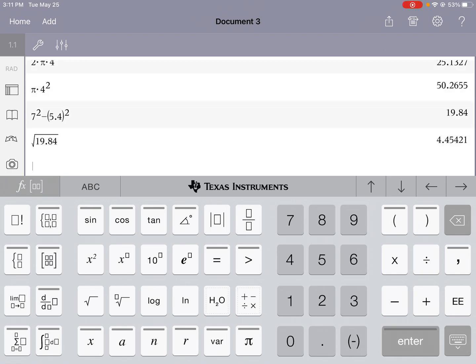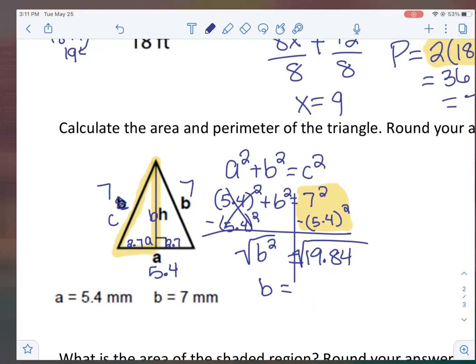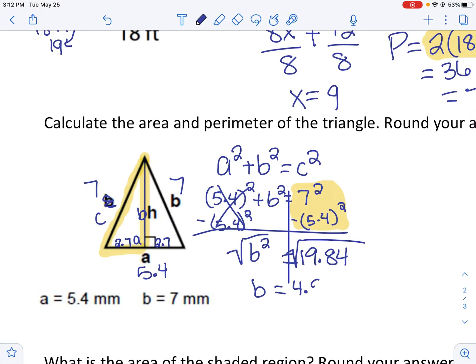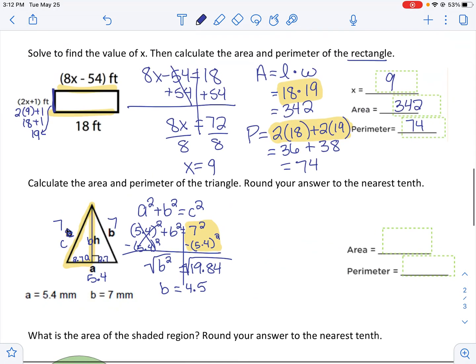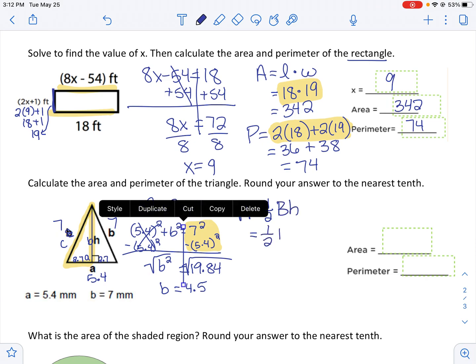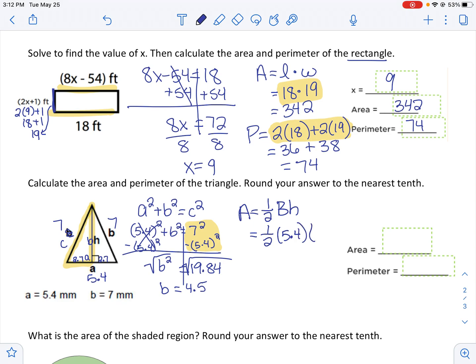And I get 4.45, which makes it 4.5. Okay, so now that I have that, I can find my area. So area equals 1/2 base times height. So 1/2 times my base, which is 5.4, times the height that I just found of 4.5.